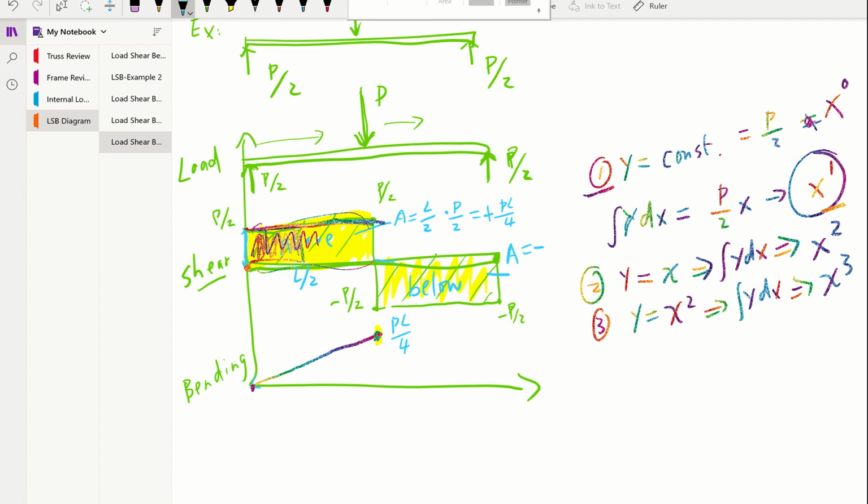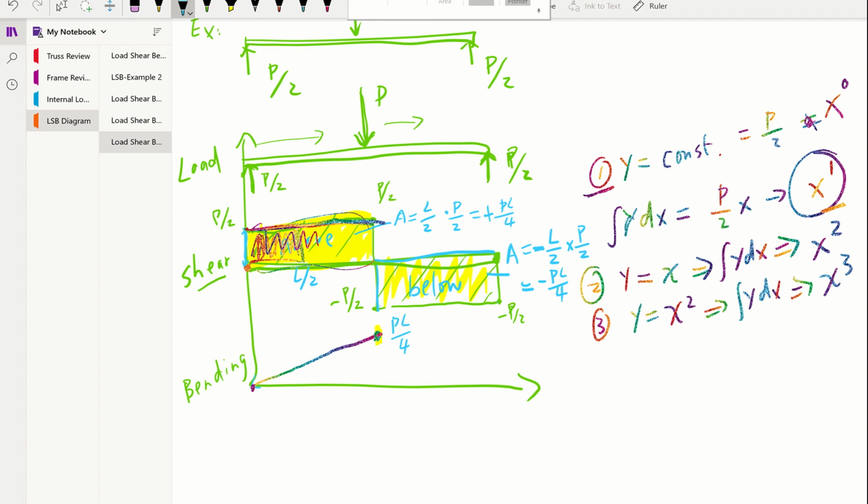It will be this length, which is L over 2, times the height, P over 2. And here I don't put a negative P over 2 because I'm just worried about the height magnitude. And here I already defined it as negative since it's below. So that's going to give us negative PL over 4.